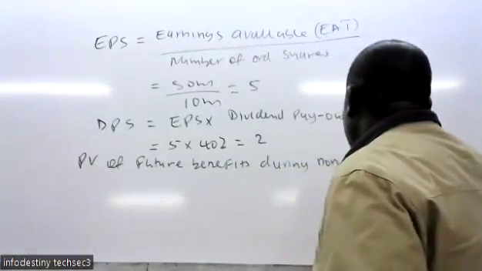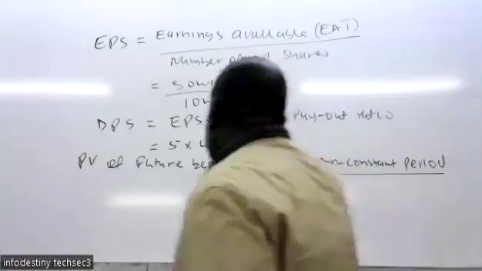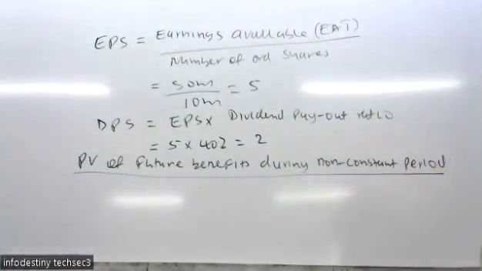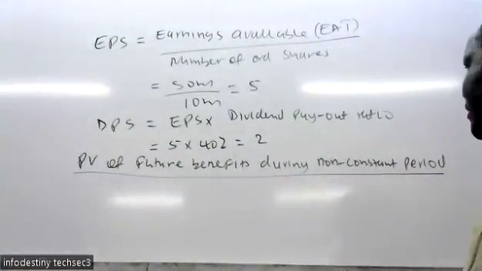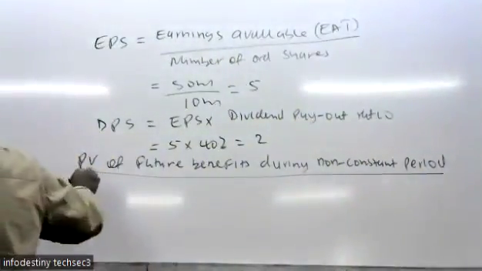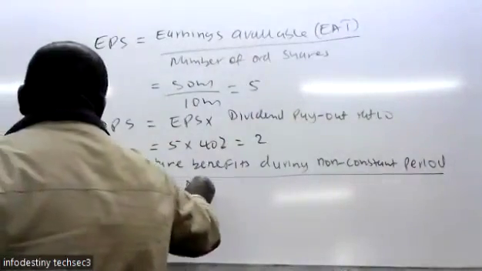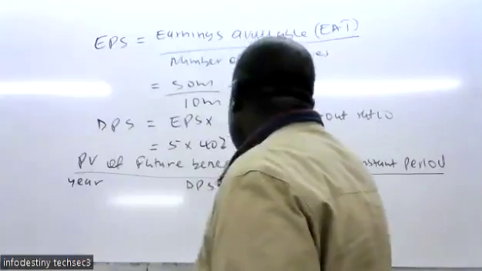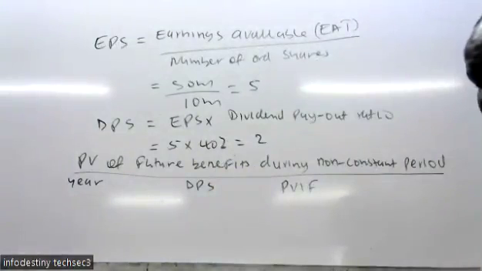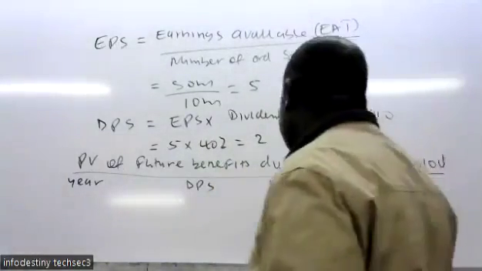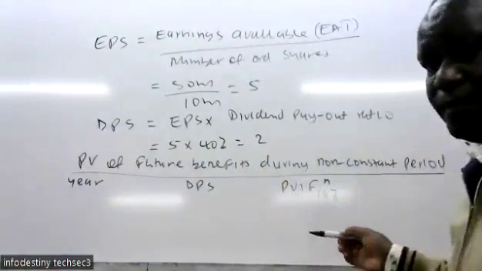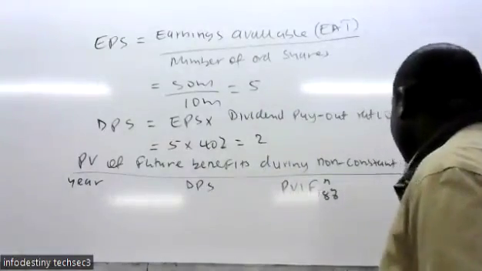So we shall have the year, then dividend per share, present value interest factor. That is supposed to be what percent? 18%. Is it 18 or 8? Yeah, so that's the present value.